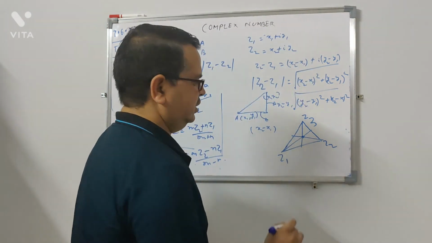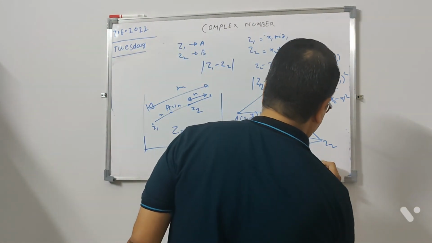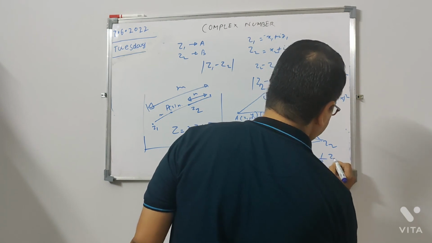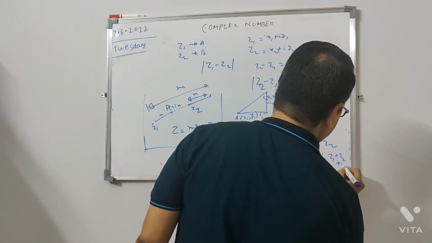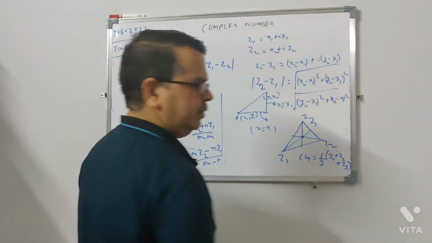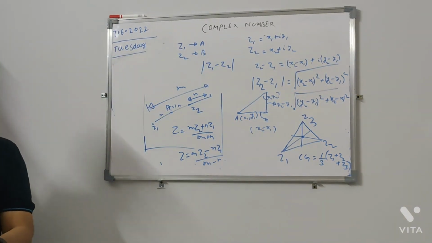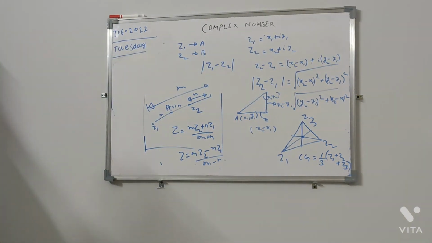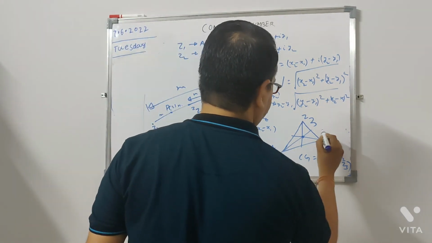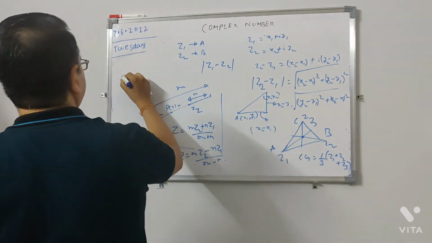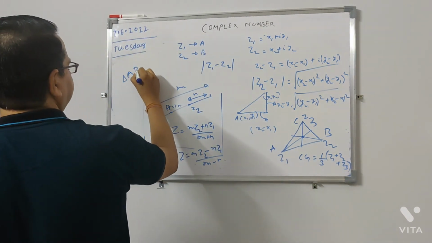The coordinate of the CG will be 1 by 3 into z1 plus z2 plus z3. So this is another application of complex numbers in geometry. And then how to find the area: this is my triangle ABC.